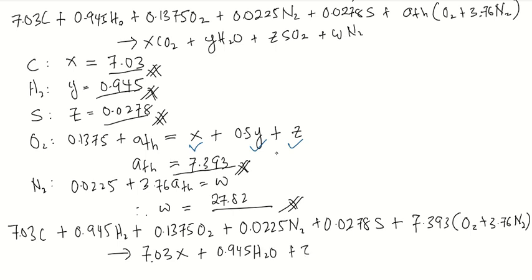And then z is 0.0278 SO2. w is 27.82 N2. That's how the balance equation looks like for coal with theoretical air.